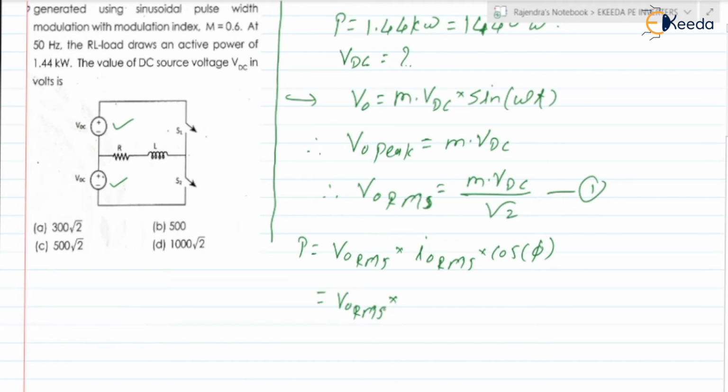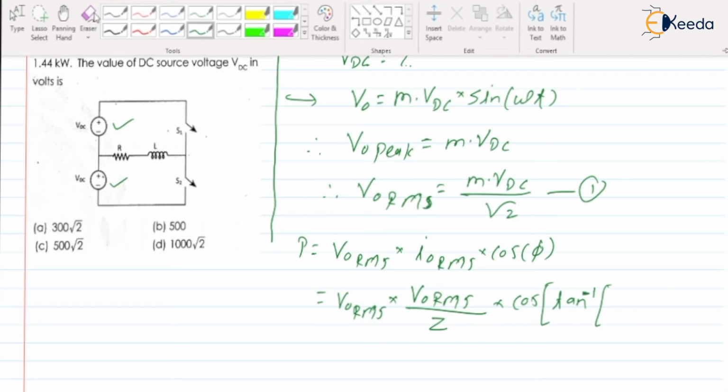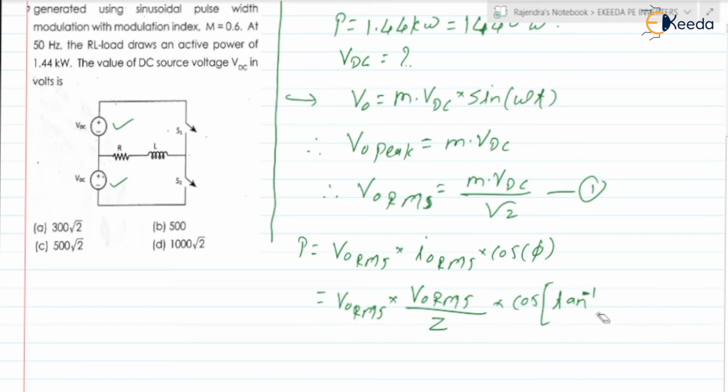What is I0 RMS? I0 RMS is V0 RMS divided by Z, into cos of phi. Phi is nothing but the tan inverse of omega L by R, since the load is RL.